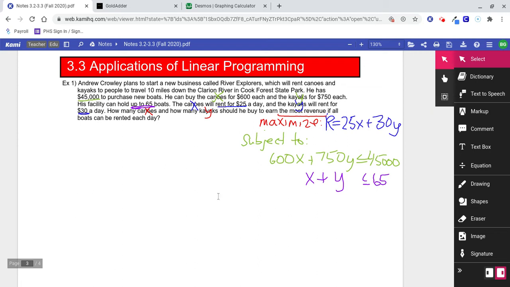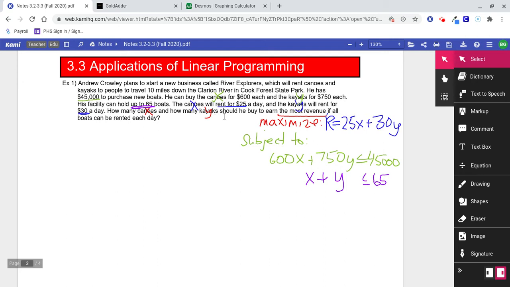But in algebra, when we solve equations or inequalities that are theoretical, we might end up with negative numbers, negative solutions, okay? And so since this is a real world problem with a countable number of objects like canoes and kayaks, we can't possibly have a negative answer, right? We couldn't have like negative 50 canoes and positive 75 kayaks or something.